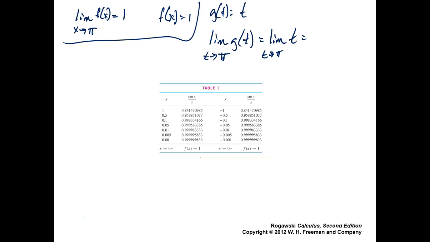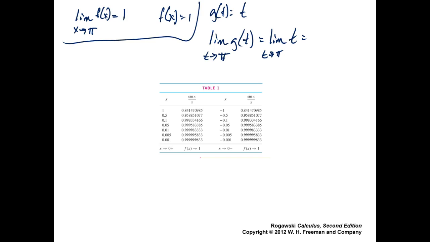Okay, and as t is approaching pi, what is t approaching? No, t is t. I'm sorry. As t approaches pi. Pi is a number, t is a variable. What's the limit of that function?